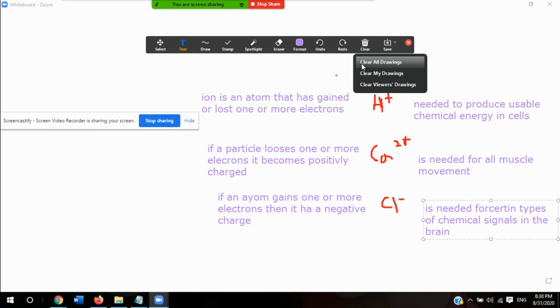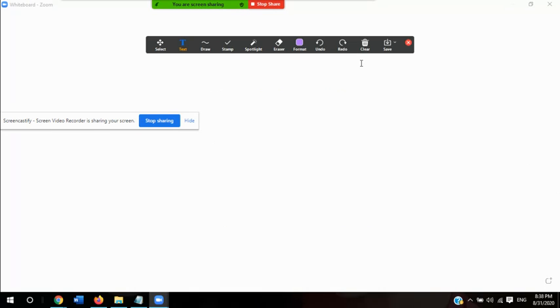Okay, so let me go ahead and clear the board. Let's talk a little bit about bonding, and we have the first type of bond, which is an ionic bond.